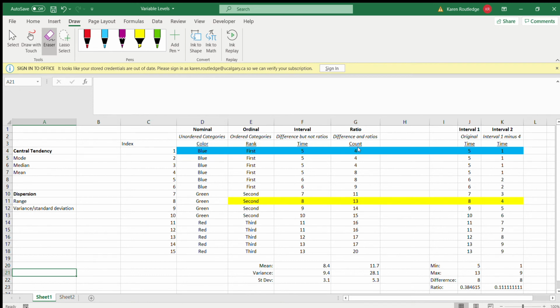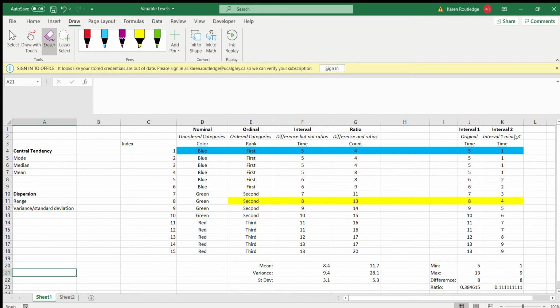For a ratio level variable, our ratios hold. And how does that happen? Well, for a ratio level variable, we have a meaningful 0 point. So really what that comes down to is, for a ratio level variable, we are not allowed to do this. We can't arbitrarily subtract 4.